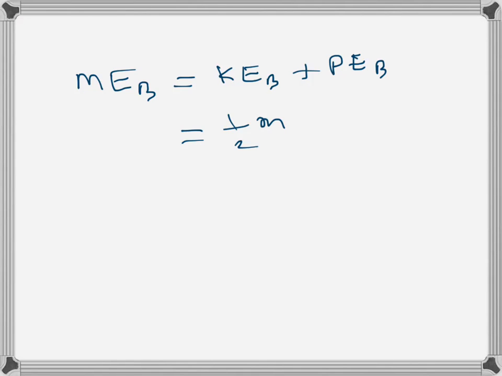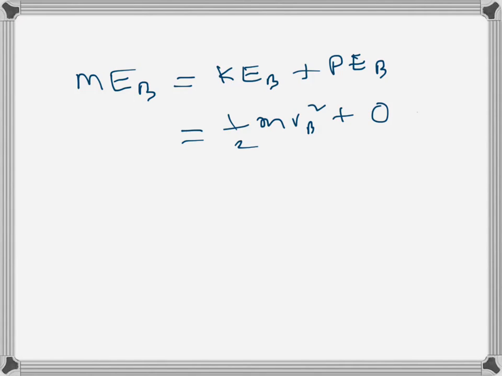So the mechanical energy at B will be kinetic energy at B plus potential energy at B. That will be half m VB square plus 0.